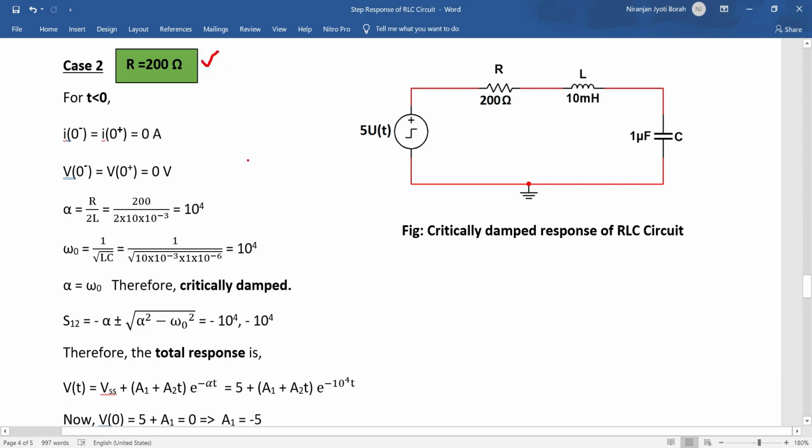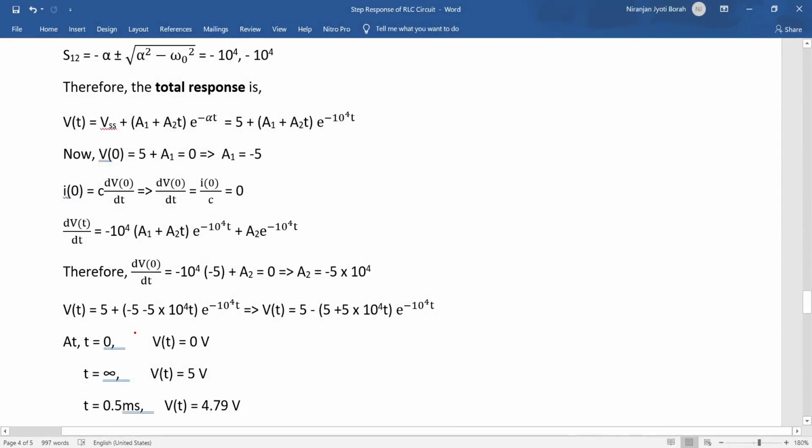In this case, as the damping factor is equal to the resonant frequency, a critically damped response will be obtained. By substituting the values for the constants, we will get this equation as the total response for the circuit.